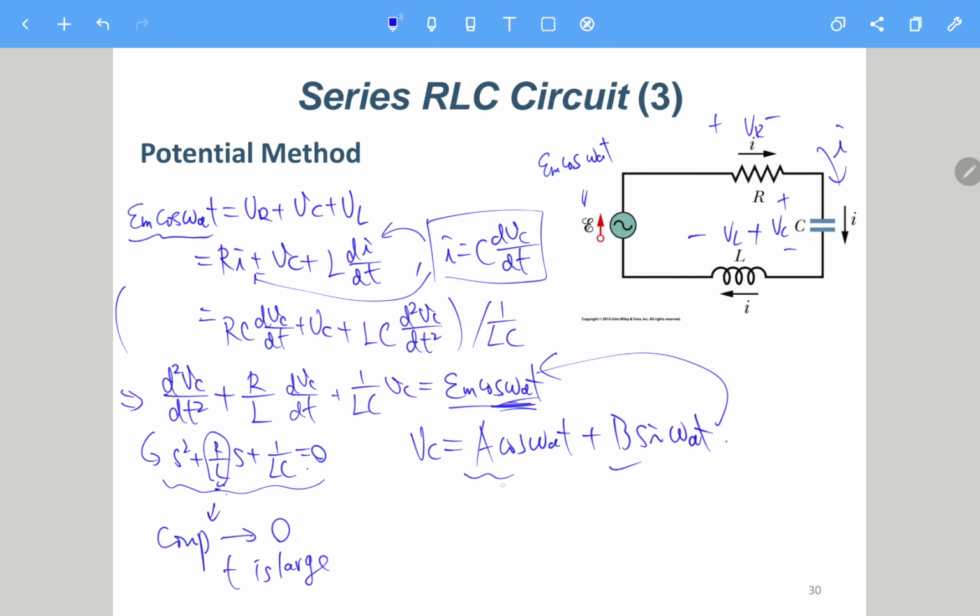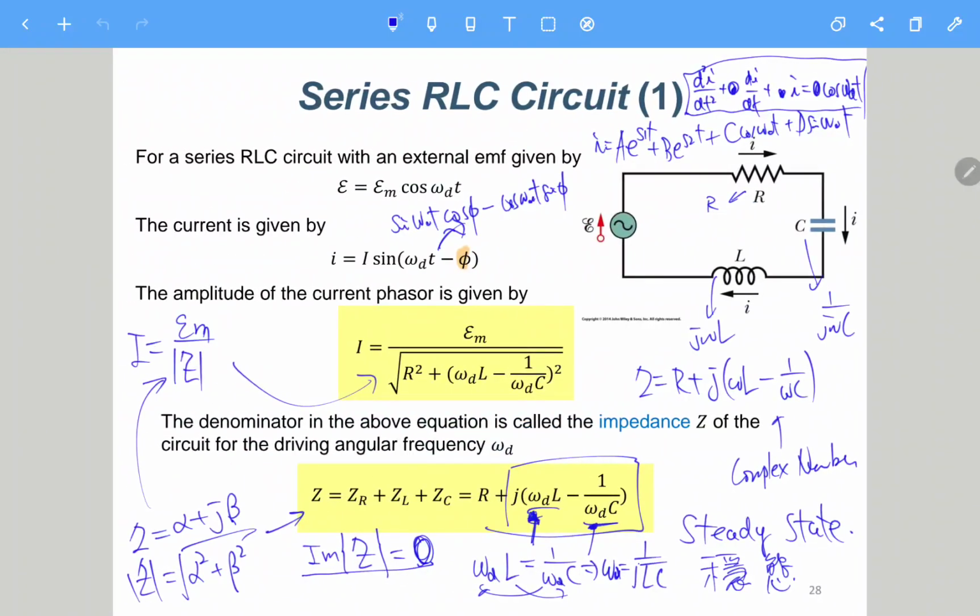And then finally, you get A and B. If you take A squared plus B squared and then the square root, this will actually be the same as this term.